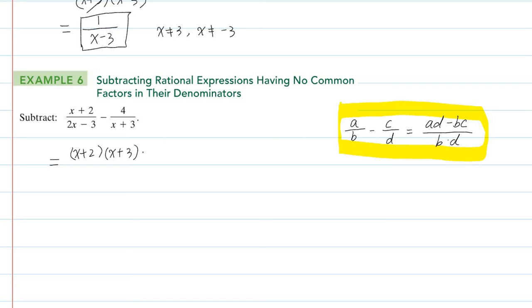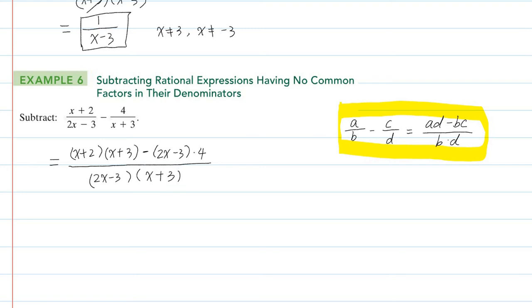We're going to subtract B, that will be 2x minus 3, multiplied by C, which is 4, over B multiplied by D, that will be 2x minus 3 multiplied by x plus 3. Okay, so that's what we have so far.